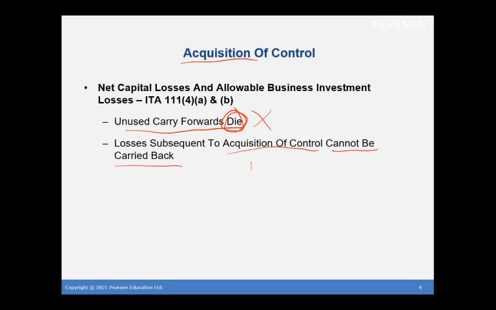So we do have a hard line in the sand here as far as what we can do. That is for net capital losses and ABILs, the allowable business investment losses we were talking about before. These are rules specific to those.